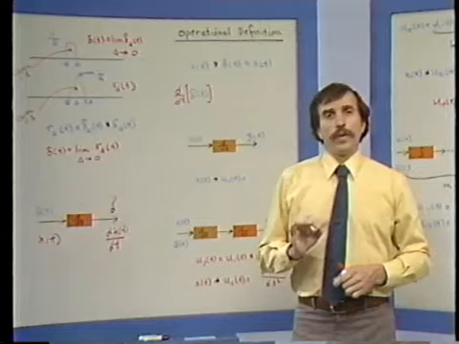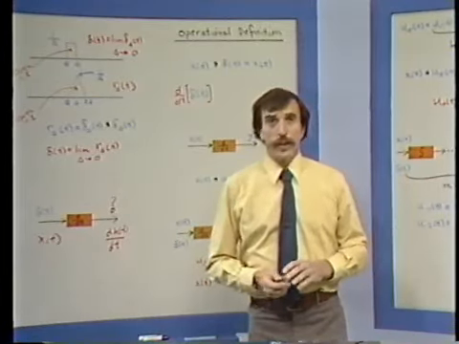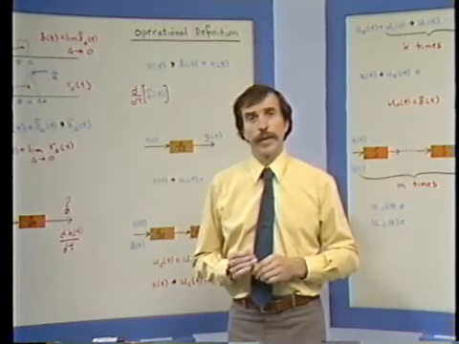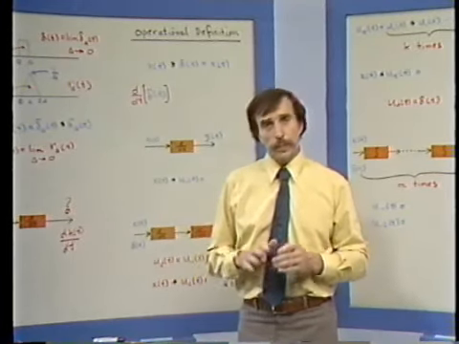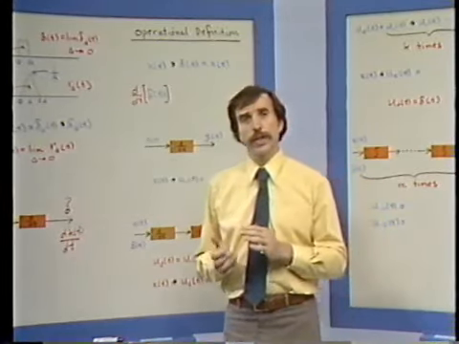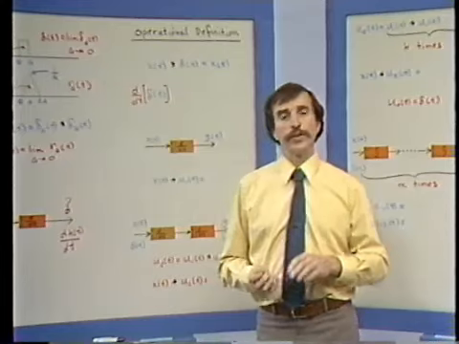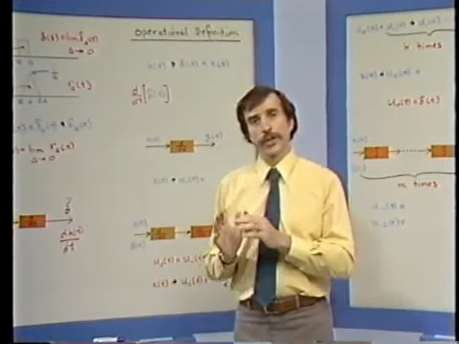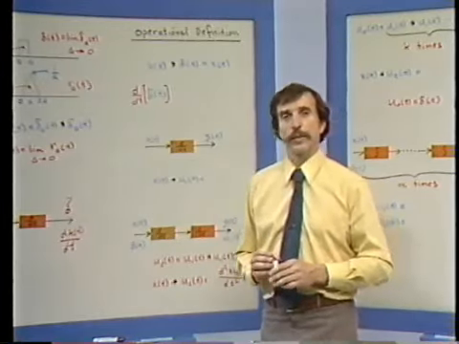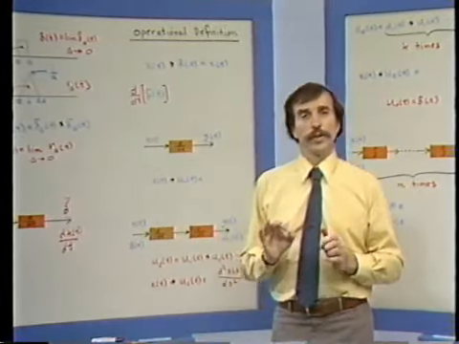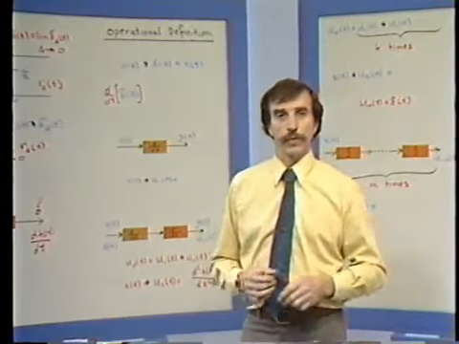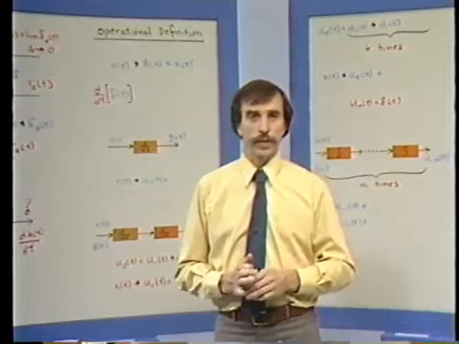Well, the way around this, formally, is through a set of mathematics referred to as generalized functions. We won't be quite that formal, but I'd like to at least suggest what the essence of that formality is, and it really helps us in interpreting the impulses and steps and functions of that type. And what it is, is an operational definition of steps, impulses, and their derivatives in the following sense.